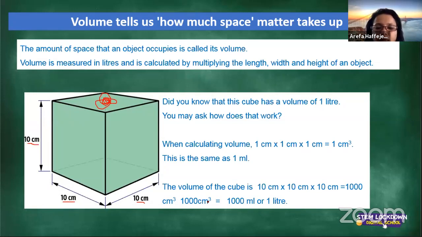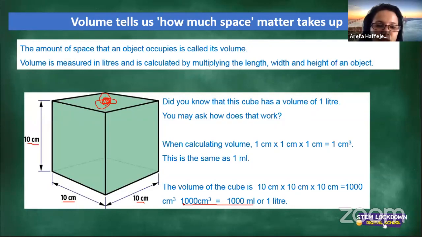Now, as I told you earlier on, 1 centimeter cubed is actually equal to 1 milliliter. So 1000 centimeter cubes is equal to 1000 milliliters.